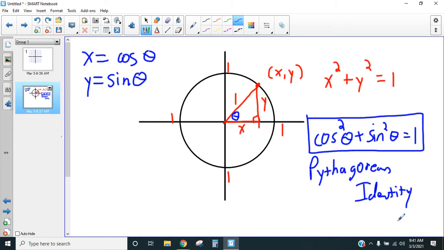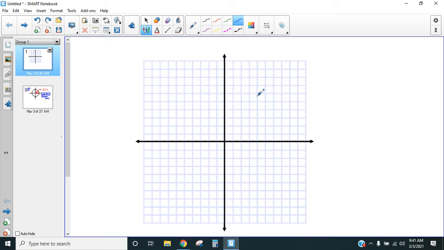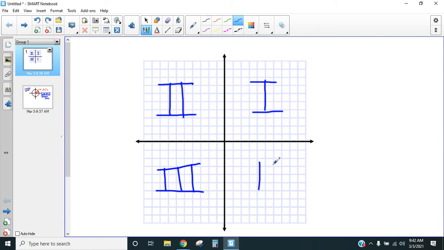Now, before we begin, I want to review one thing. That's why I have the grid up there on the smartboard. You see it up there, the little XY axis. Let's talk about quadrants, okay? What quadrant is this? This is quadrant 1, and we use Roman numerals. What quadrant is this? And 4. It goes that way, right?